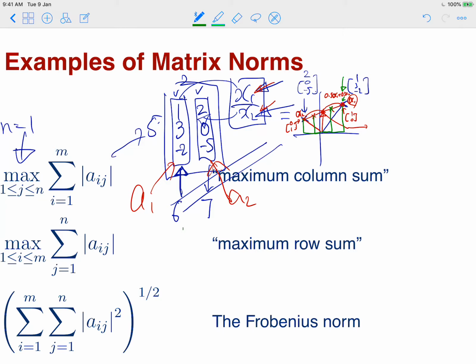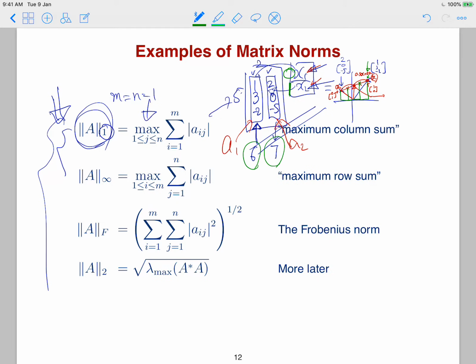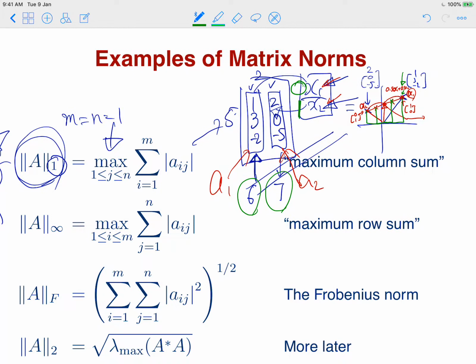So when considering their L1 norm, the first column is 6 as an L1 norm, and the second one is 7, and thus the best weight that we can use to obtain the maximum L1 norm will be assigning 0 and 1, like in this case.